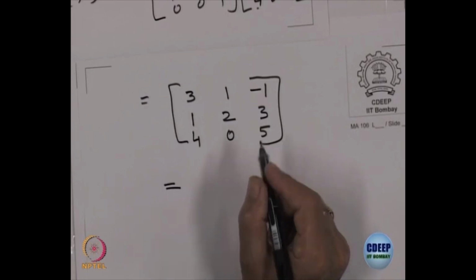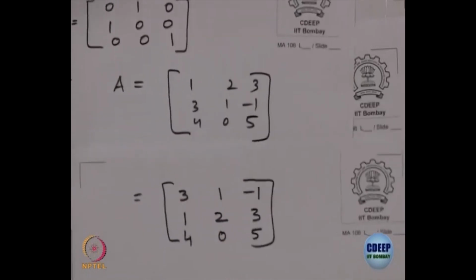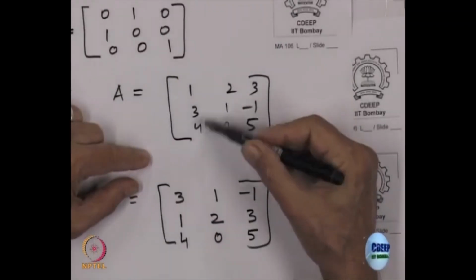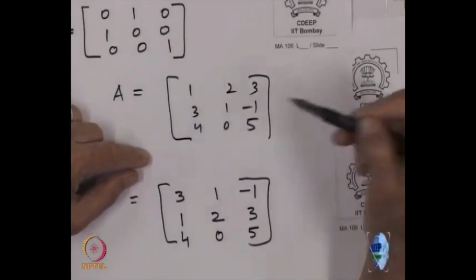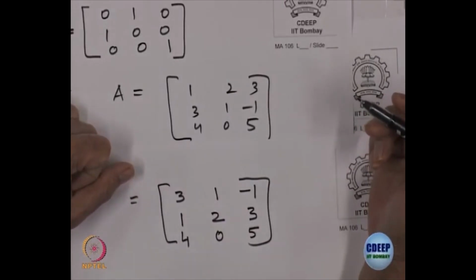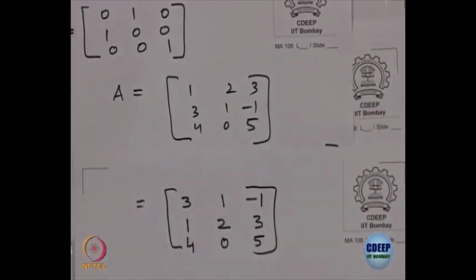What is this matrix? This is precisely the matrix A with R1 interchanged with R2, right. So, what we are saying is the following.